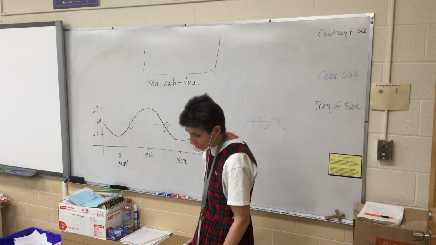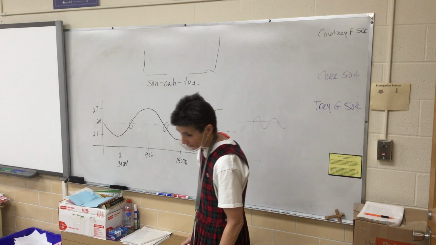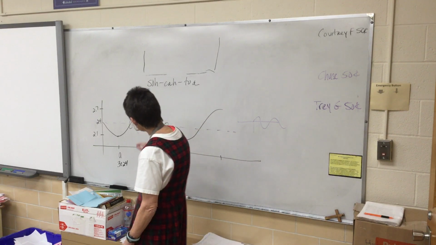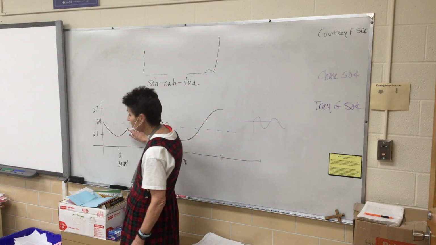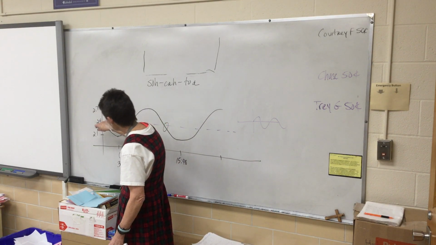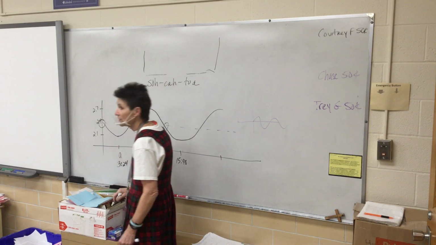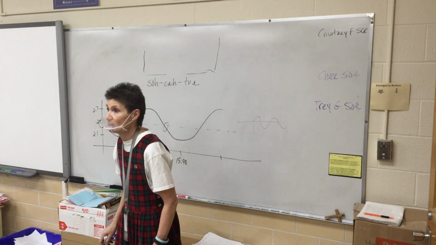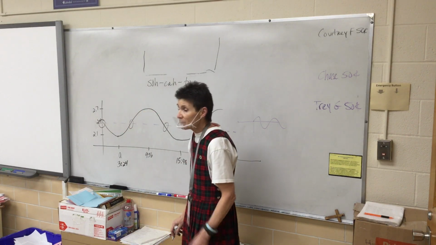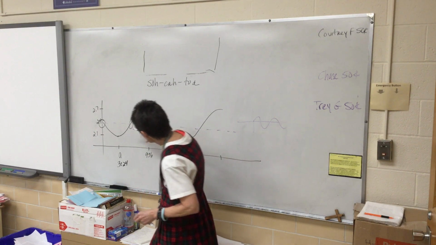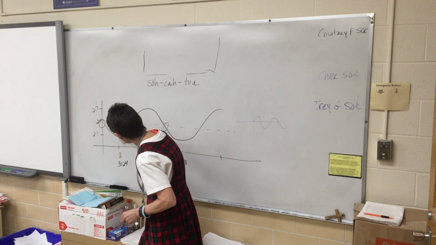What was the first time on July 4th when the water was 2.4 meters deep? So we know it was 2.4 meters here. I just rough sketched this in. Is there a time over here when it was about 2.4 meters deep? Well, if there is, do you have any idea how we might figure that out?